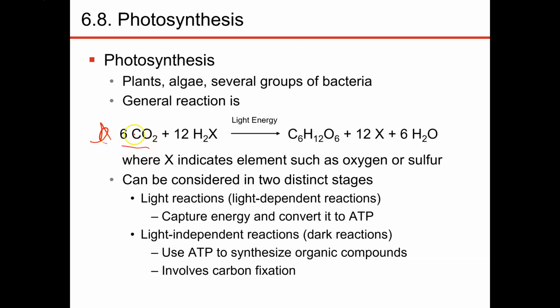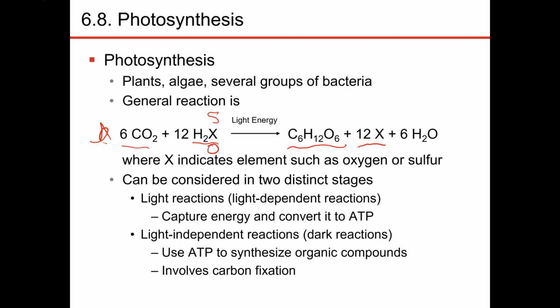We have carbon dioxide and we have water or some other molecule, depending on if it's aerobic or anaerobic. If this was aerobic, this would be H2O, but if it's anaerobic, this could be H2S, hydrogen sulfide, or some other compound. We take in light energy and we produce a carbohydrate. We release some waste product.